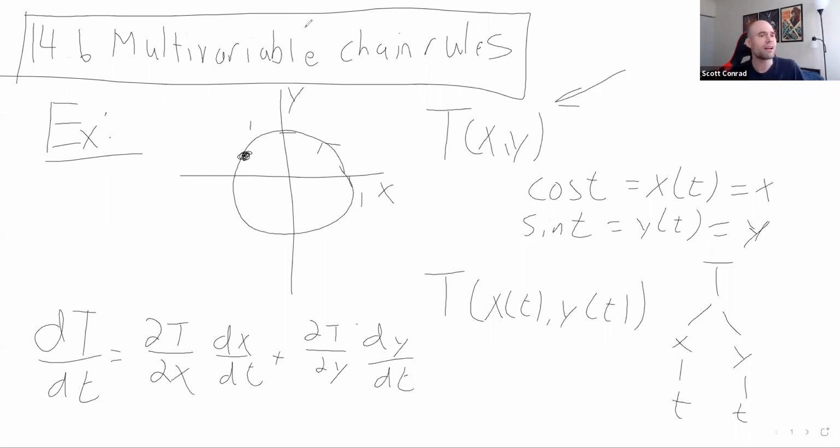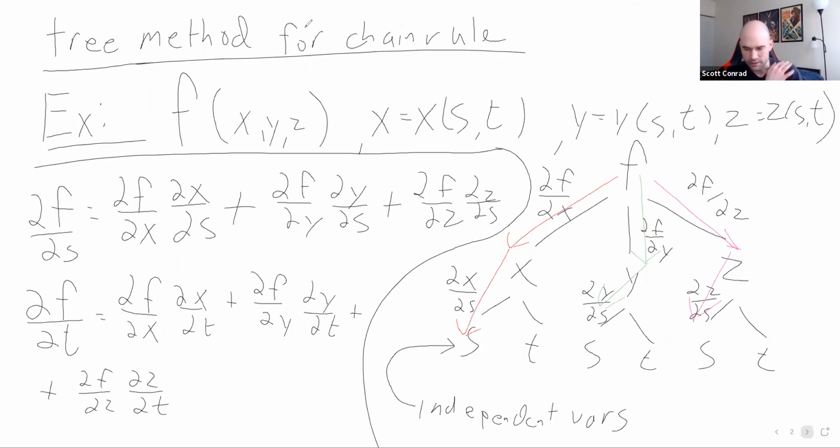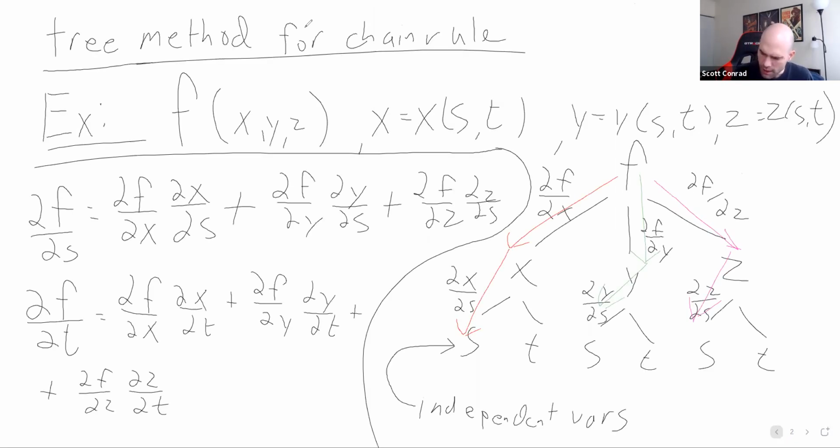So honestly, not a huge deal if you always use fancy d's or normal d's or whatever. But we use the fancy d's for the partials if you're a function of more than one variable, or if you're treating it as a function of more than one variable. And normal d's if you're just a function of a single variable, or you're treating it as a function of a single variable.